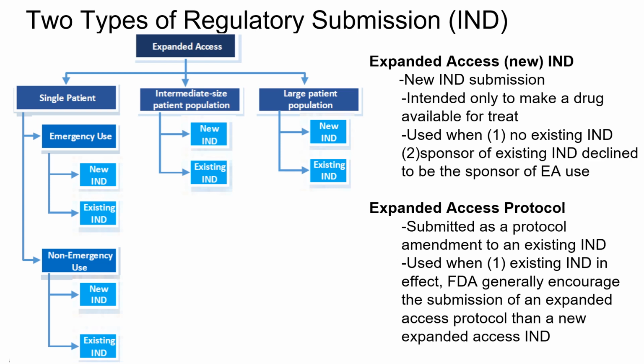FDA generally encourages the submission of an expanded access protocol rather than a new expanded access IND. That's because having expanded access use and clinical trial use consolidated under a single IND may facilitate the administrative review process.